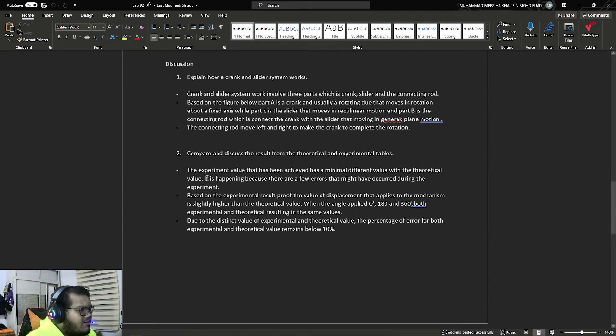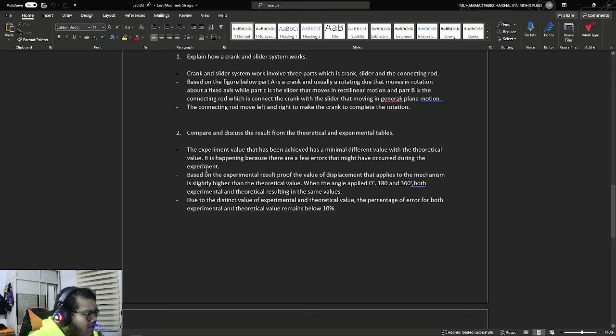For the second question, compare and discuss the result from the theoretical and experimental tables. The experimental values that have been achieved have a minimal difference from the theoretical values. It is happening because there are a few errors that might have occurred during the experiment.